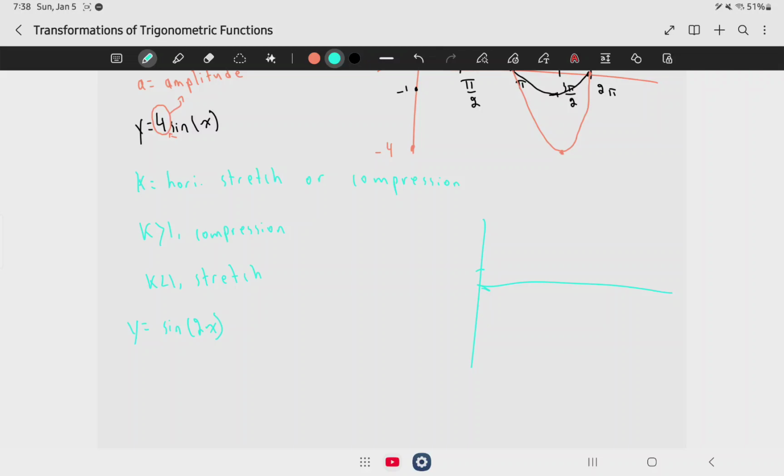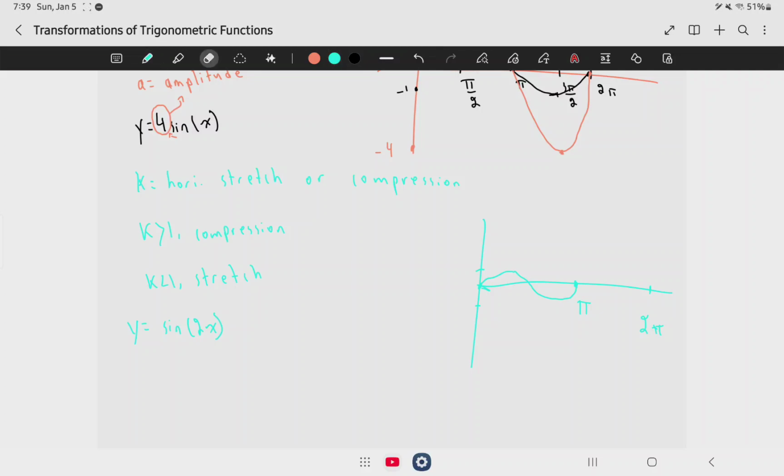Then my sine graph, so if I have 2 pi over here, which is normally 1 cycle, then because it's 2x, that means all my x values are divided by 2, which means that my 1 cycle is going to actually end at pi. So if I were to graph this, it'd probably look something close to that. So it gets compressed by a factor of 2.